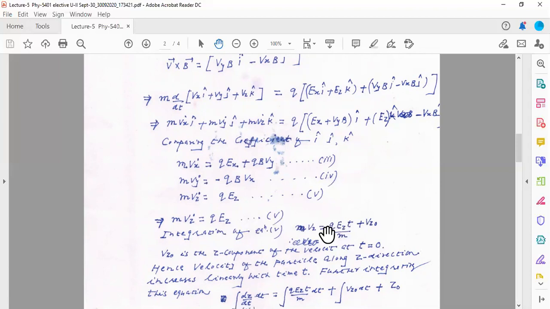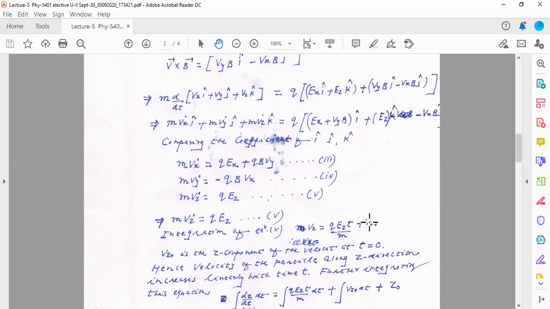Now you see that Vz0, which I wrote here, is basically the z component of the particle velocity at time t equal to 0. Please remember, in the previous class I said that if Vz0 is 0, then the particle will only describe a circular motion in the xy plane.